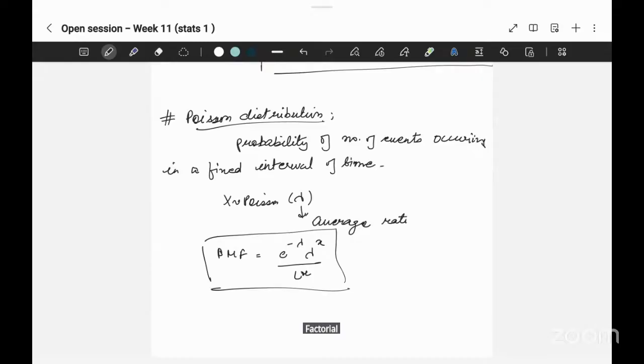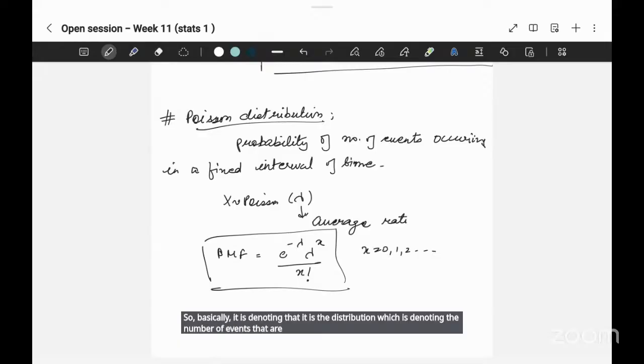Factorial x, if you remember this. So it is the distribution which denotes the number of events occurring in a fixed interval of time, and lambda is my average rate.